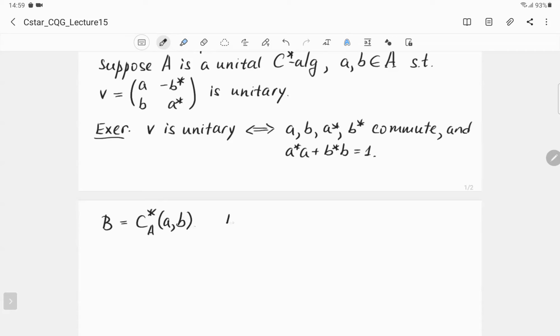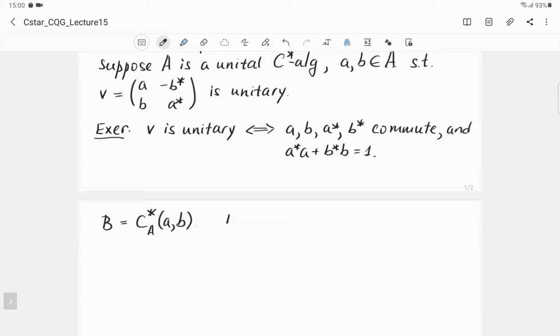Excuse me, am I correct that if we say that V is unitary, it means precisely that V star is equal to V? No, unitary means that V star V equals 1 and V V star equals 1.